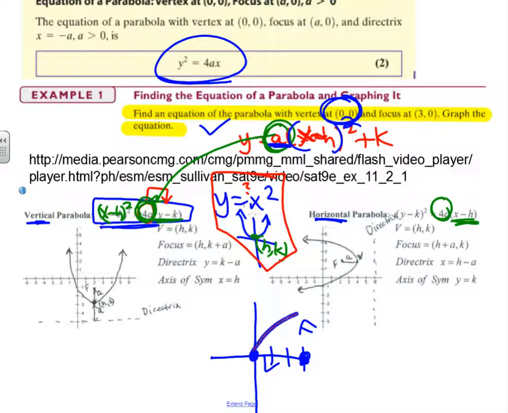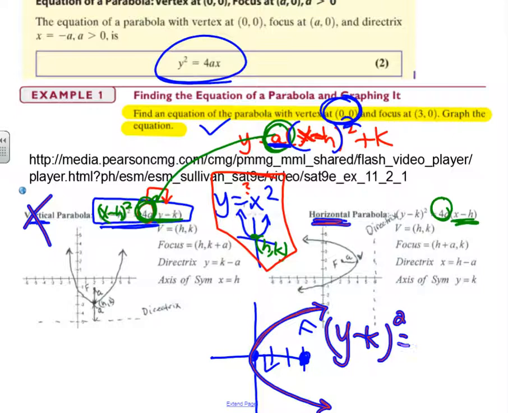Since the parabola always goes around the focus, I know that it's horizontal. So I'm not using the vertical in this case. I'm going to use the horizontal. I'm going to write down the equation: y minus k quantity squared is equal to 4a times x minus h. Notice that 4a is on the side that's not being squared.